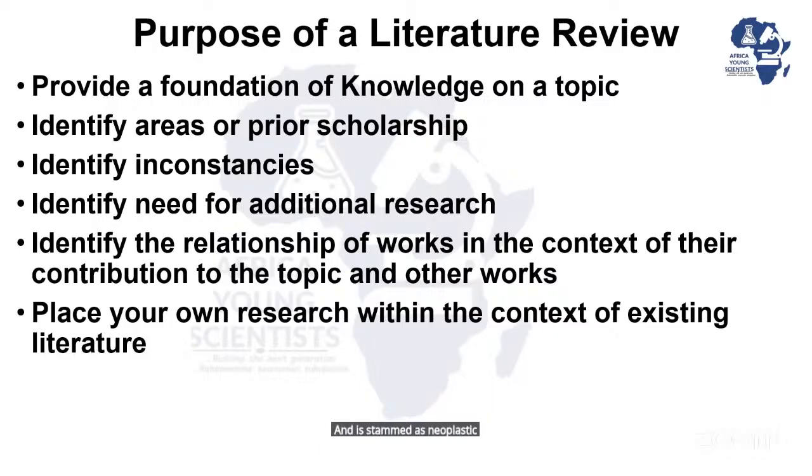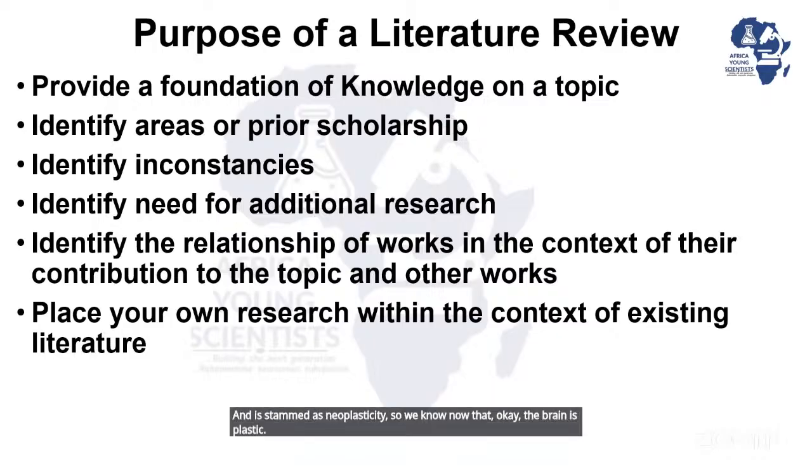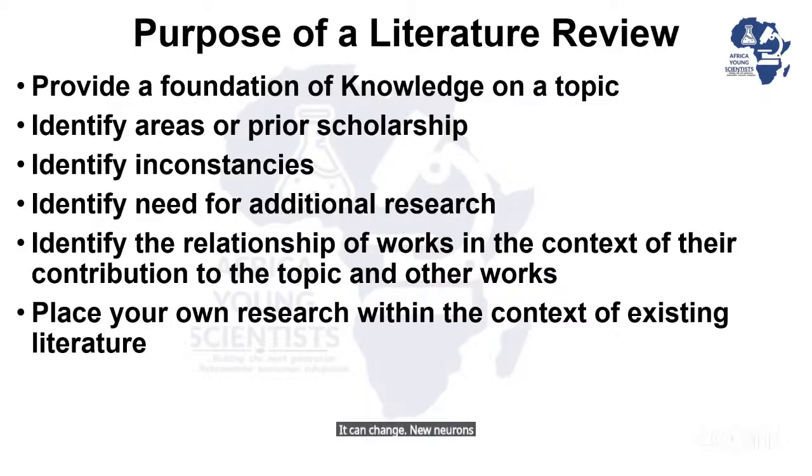So we know that the brain is plastic, it can change, new neurons are being formed, synapses can reform, synapses can change, then neuroplasticity comes into play. So that is how, because of literature review, you know how knowledge or scholarly questions shift based on evidence.